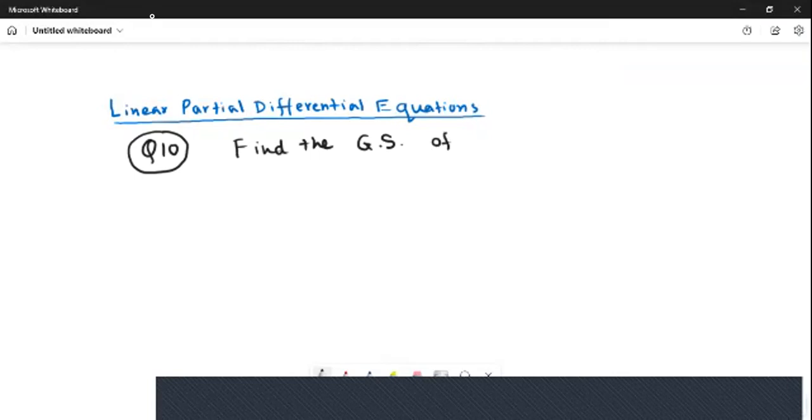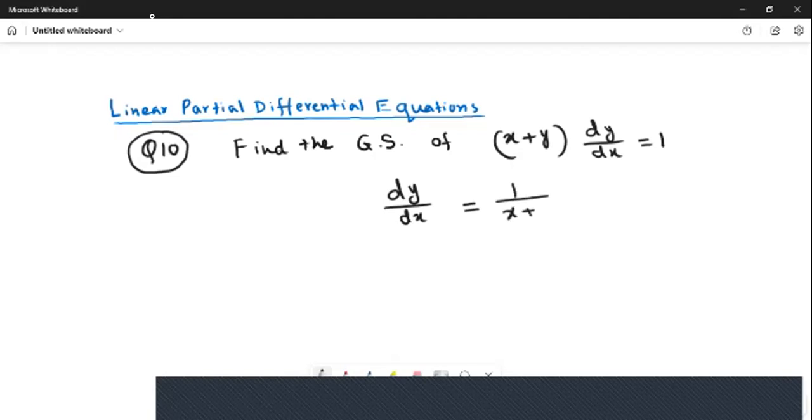General solution of this one: (x plus y) dy/dx equal to 1. Now just see here, if you consider dy/dx, that will be simply 1 by (x plus y), right?